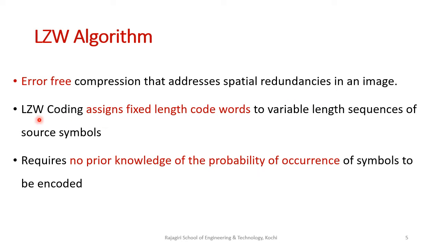In LZW coding, fixed length code words are assigned to variable length sequences of source symbols. The advantage of the LZW algorithm over arithmetic coding or Huffman coding is that it requires no prior knowledge of the probability of occurrence of the symbols to be encoded.